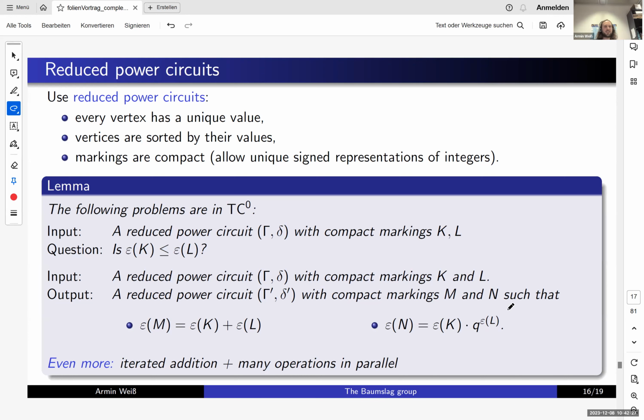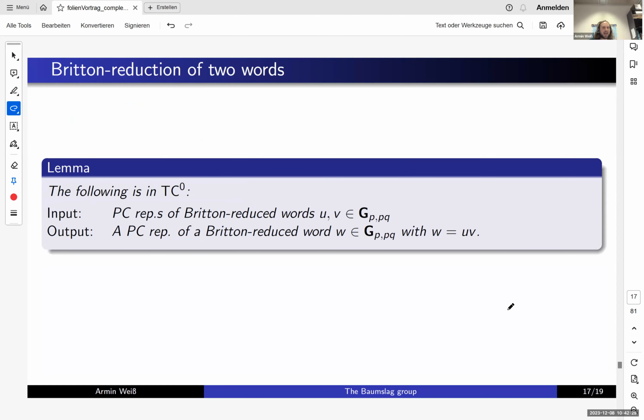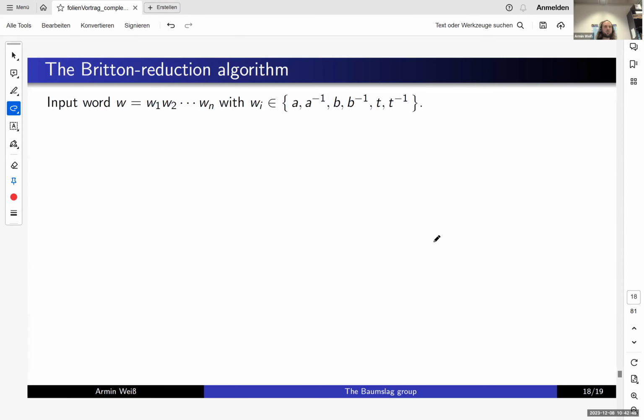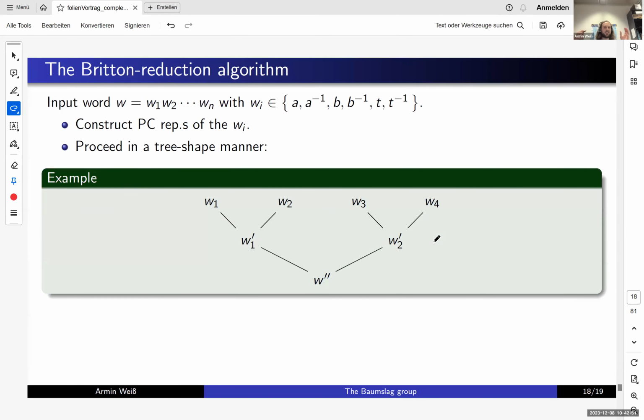And then we can use this lemma to show that also in TZ0, we can take two Britton reduced words for some group elements in the Baumslag group and compute a Britton reduced word for their product. So we start with UV being Britton reduced and produce something W to be Britton reduced. And then we can use this in a tree-shaped manner.